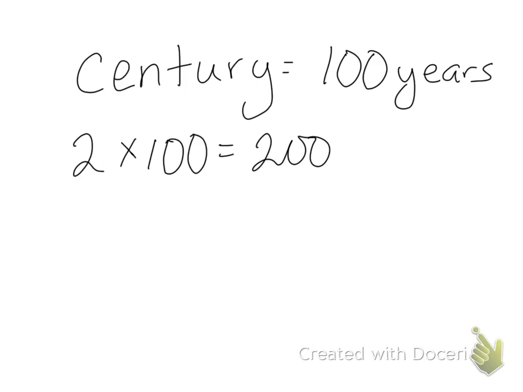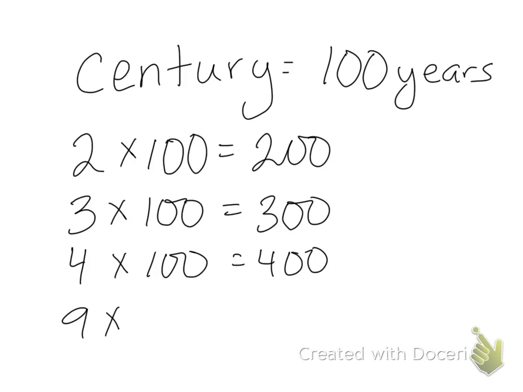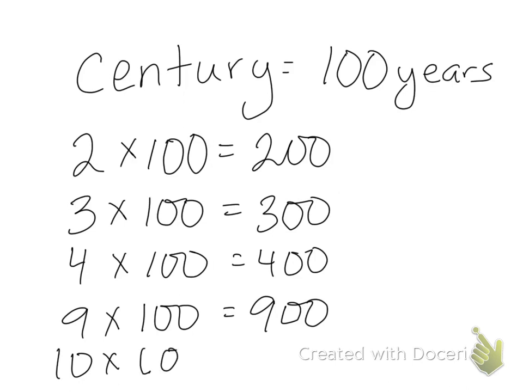If I have 3 centuries, that would be 3 groups of 100, which equals 300. 4 centuries would be 4 groups of 100, which equals 400. All the way up to 9 groups of 100 equals 900. And 10 groups of 100 equals 1,000.